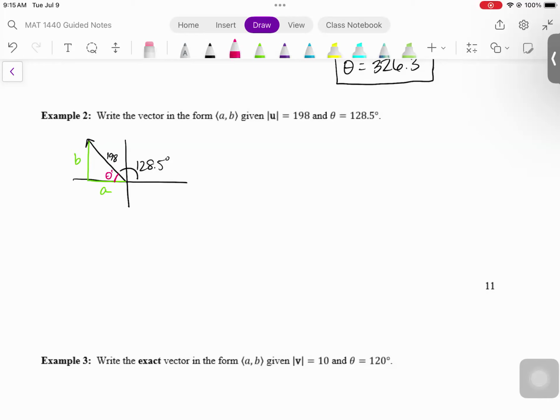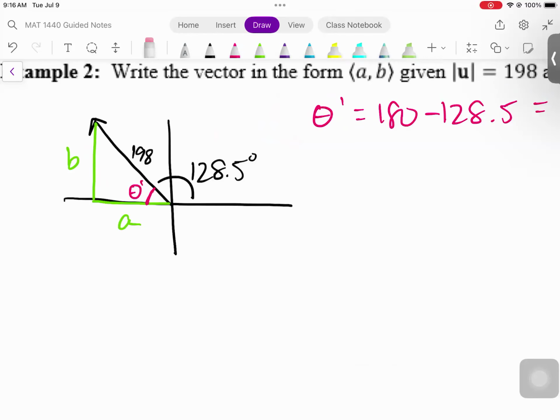So theta prime is going to be 180 minus 128.5 degrees, or 51.5 degrees.